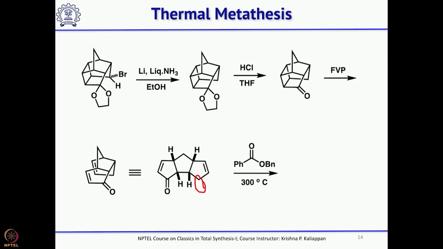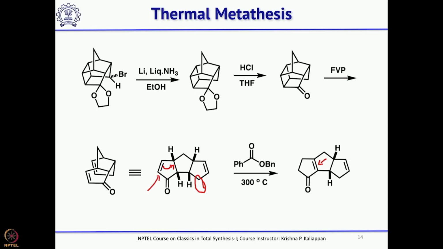See, basically what you need is this double bond has to come here. So, that was best achieved by refluxing or heating in benzyl benzoate at 300 degrees. The double bond could be successfully migrated to another alpha beta unsaturated ketone, but this time the double bond is tetra substituted. This double bond, if you look at this, is tetra substituted, whereas here it is di substituted.